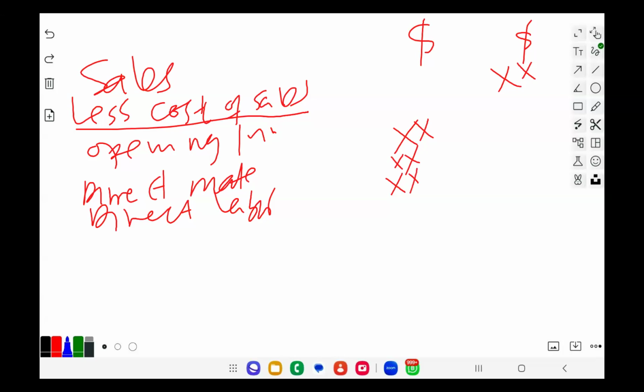then you have the variable production. There is some variable production overhead, sorry, the indirect costs that are variable. So direct material costs, direct labor costs, variable production overheads.